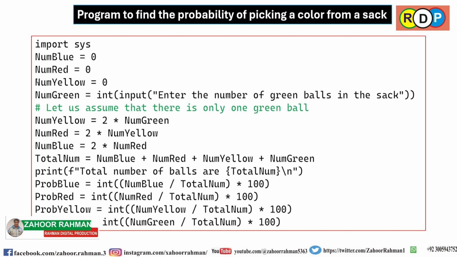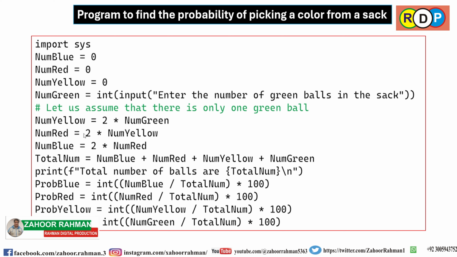Now let us understand the total num. For finding the probability, we need the total numbers of balls. So let us consider that I am giving 1 as a value to the green ball. So number of yellow is equal to 2 multiplied by number of green, so it will be 2.